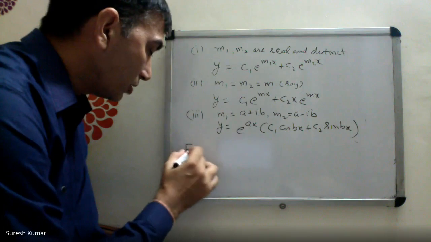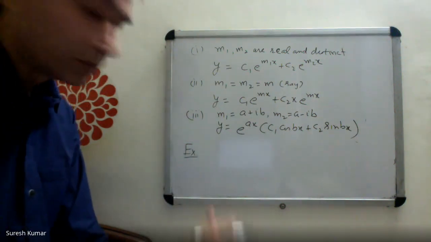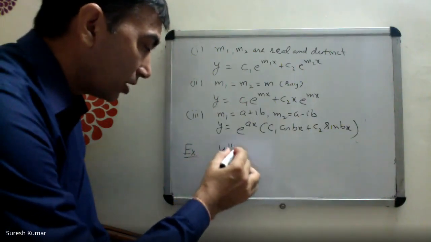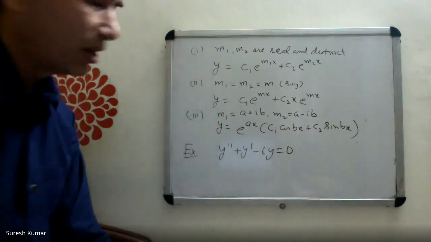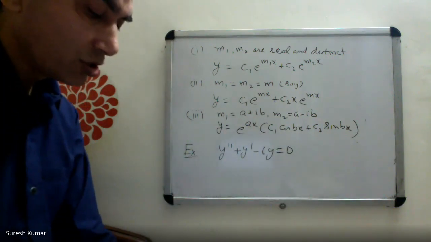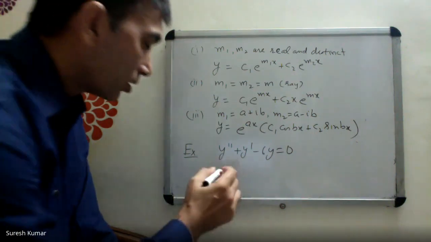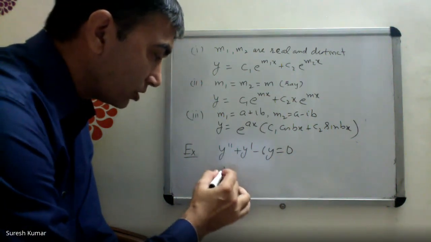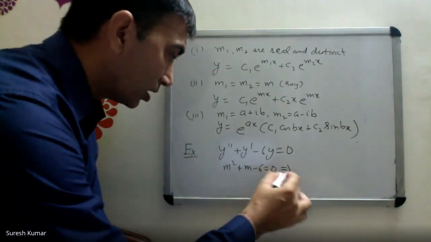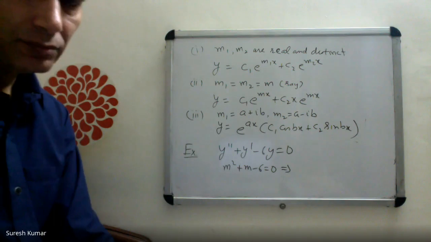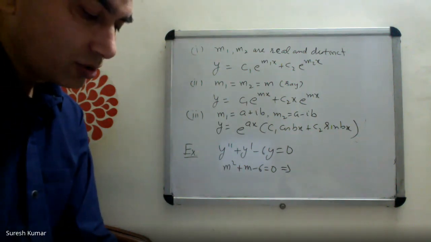After this, we did one example. I would like you to do it again. y'' + y' − 6y = 0. Find the general solution of this homogeneous equation with constant coefficients. So here the auxiliary equation is m² + m − 6 = 0, and its roots are, which roots you found for it?